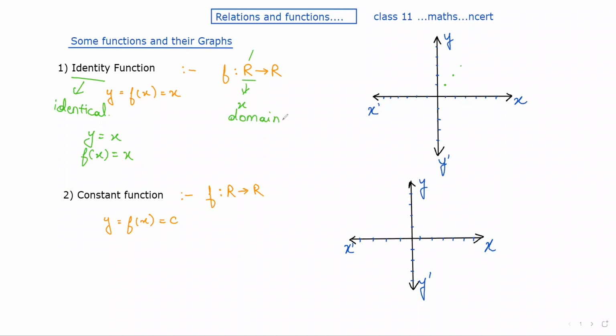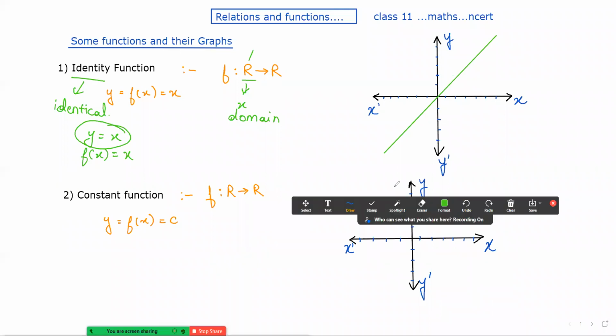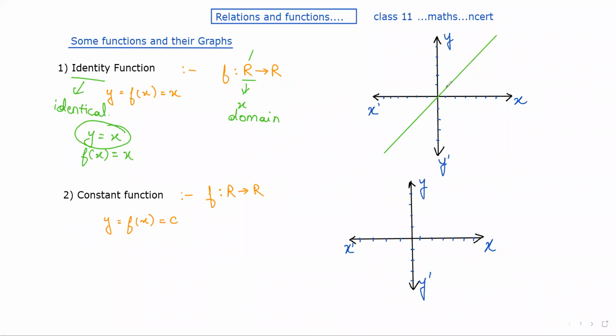When you place these values of x in your function, y equals x, for all these values of x, you get the same values of y. So you end up getting a straight line passing through the origin in your graph. These points 1, 1, 2, 2, 3, 3 will lie on this particular line.